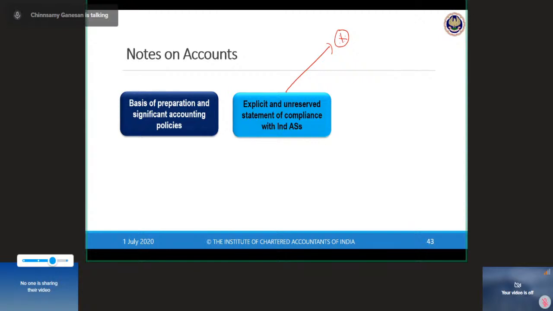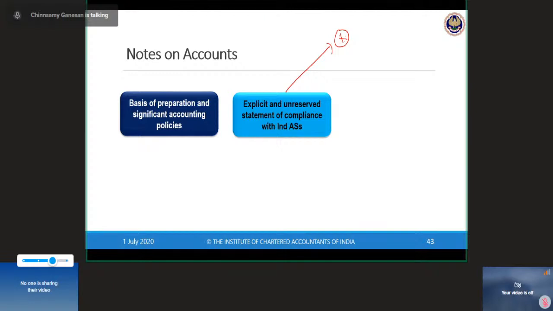Explicit and unreserved statement of compliance with Ind AS. What does that mean? Whenever you have a financial statement on an Ind AS basis, after the basis of presentation, you are supposed to have one paragraph where you say that in the preparation of the financial statement, all the applicable Ind AS has been fully complied with.